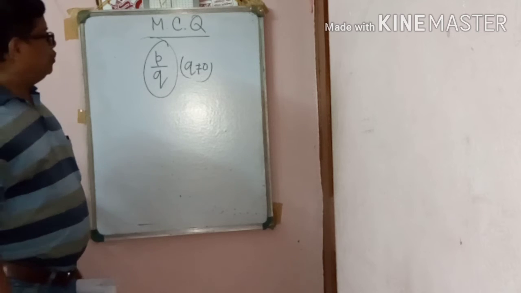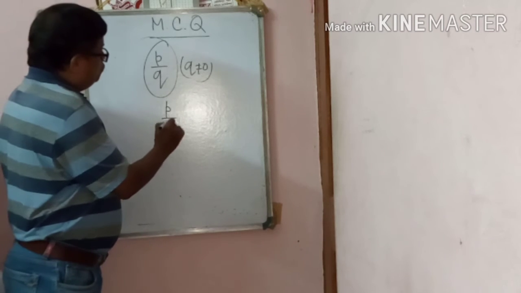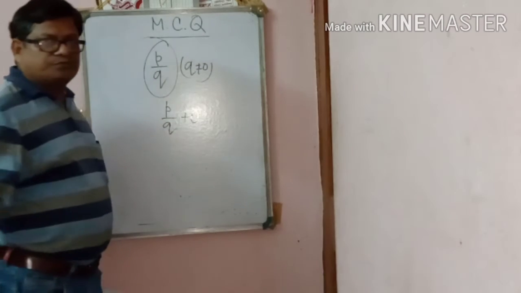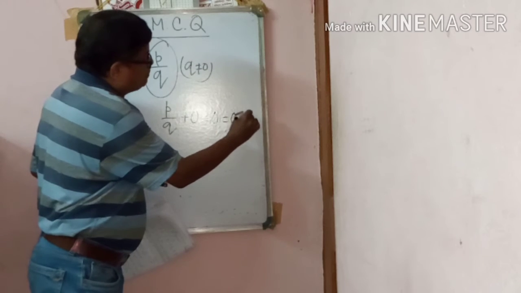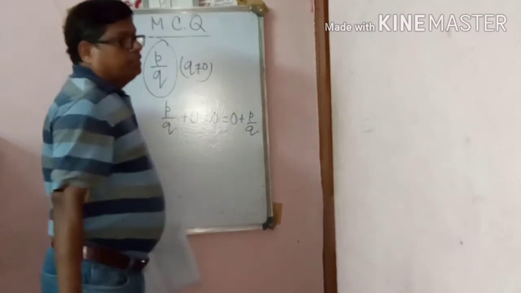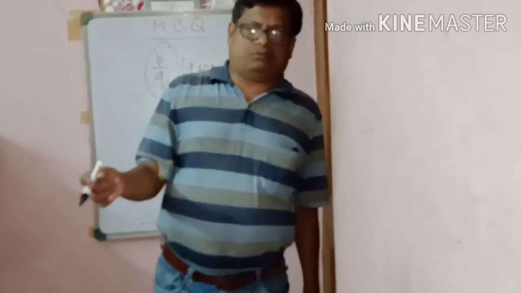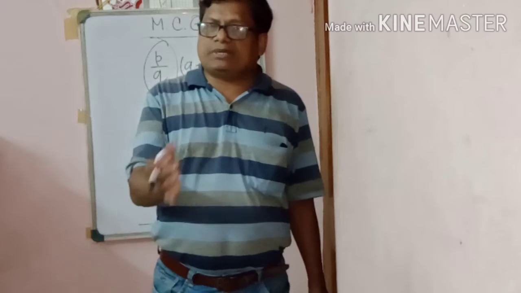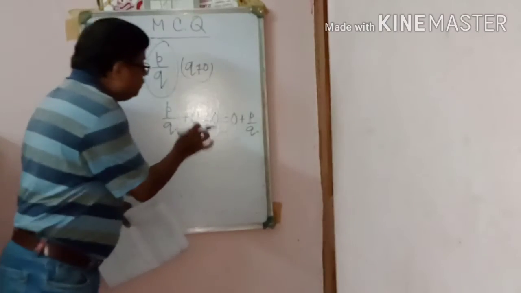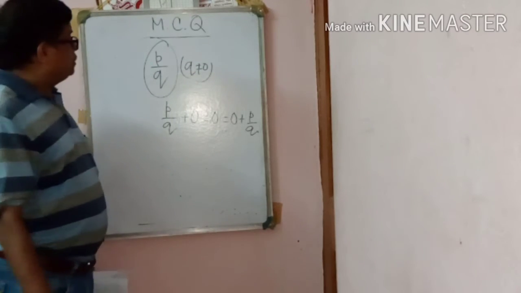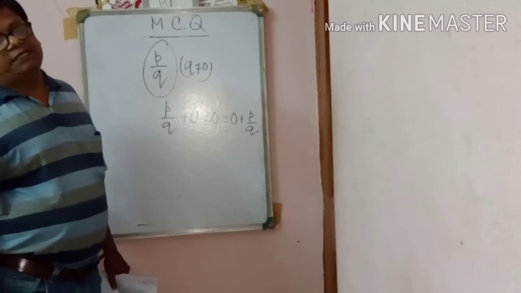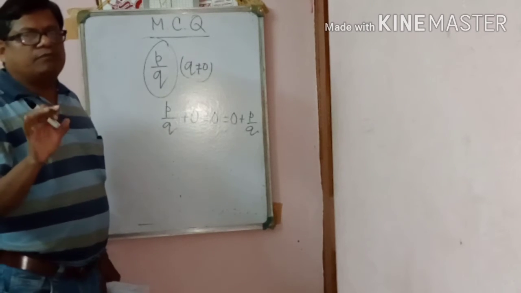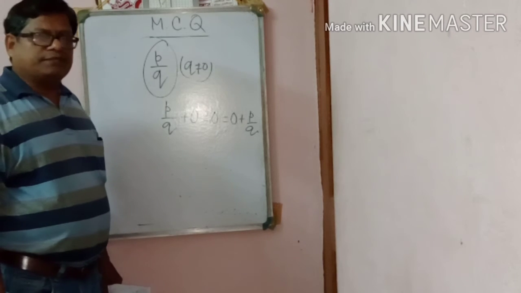Now P by Q is a rational number where Q is not equal to 0. So if we write P by Q plus 0, it equals 0 plus P by Q. Any number you add 0 to, the same number will come. So here 0 is called the additive identity.